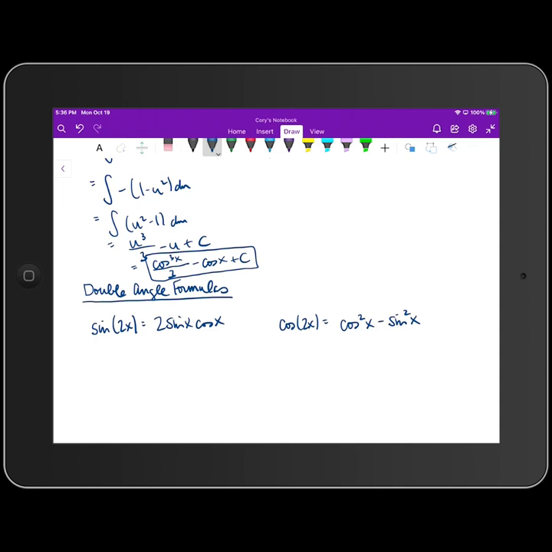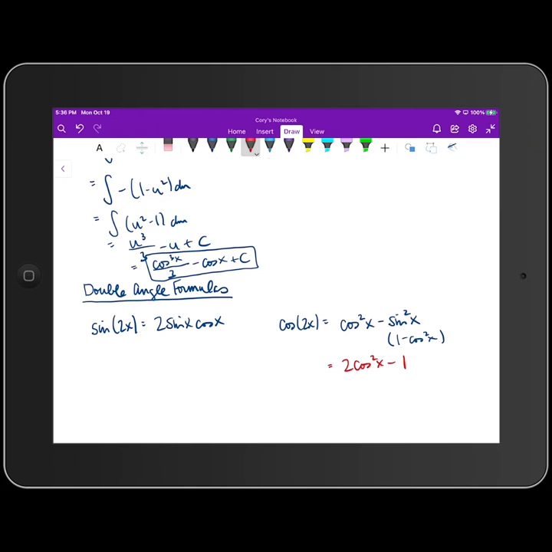So if we replace sine squared with 1 minus cosine squared, that gives you your double angle formula written in terms of cosine only. Whenever you distribute the negative and combine like terms, that's going to give you 2 cosine squared of x minus 1.